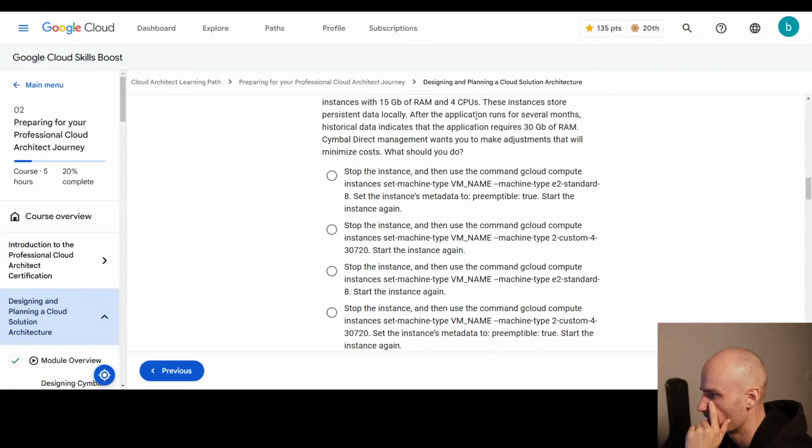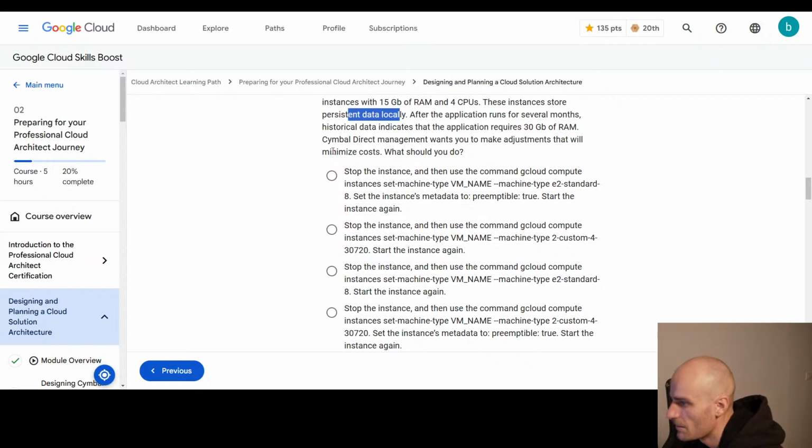Preemptible. So the persistent data locally, I cannot put preemptible, so A is not. D also. Machine E2. Okay, so the difference between the two of them is just the machine type, and I need to minimize the cost.